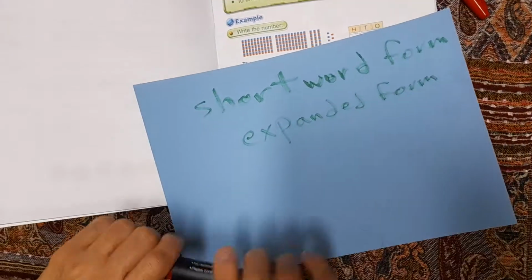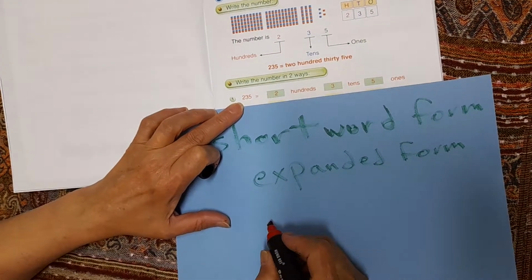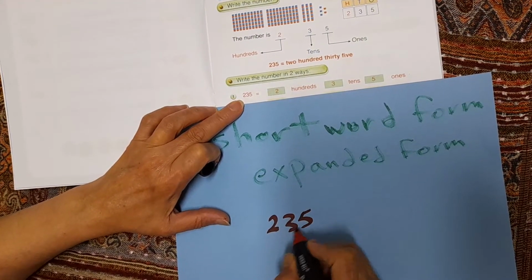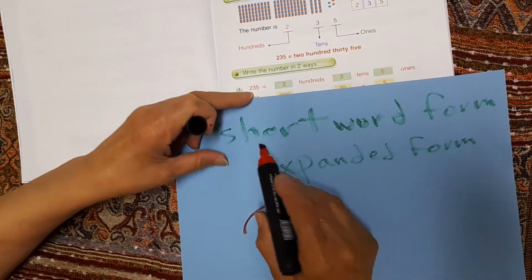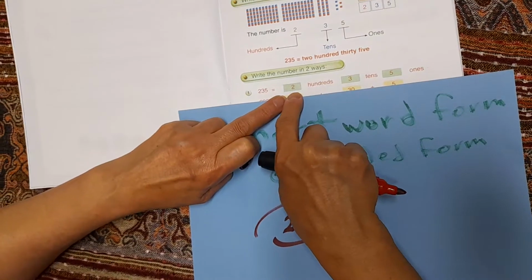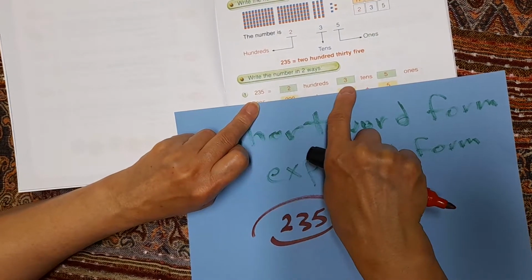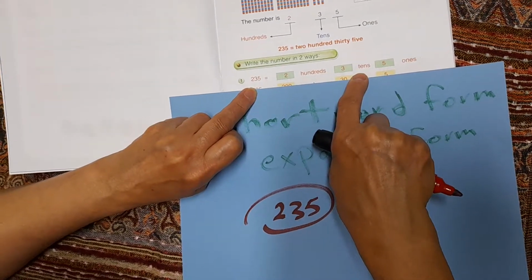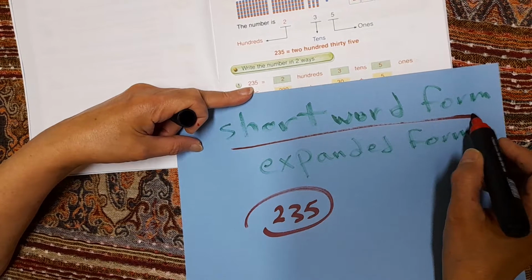Okay, look here. Let's see. Look, they wrote it in standard form. It is 235. We call it a standard form. They wrote it using a short word form. They said the 2 is in the 100, so it is 200s. The 3 in the tens, so it is 3 tens. And 5 in the ones. We call this short word form.